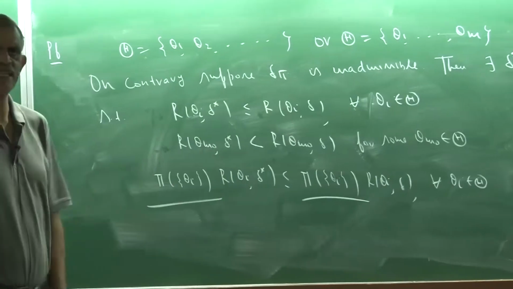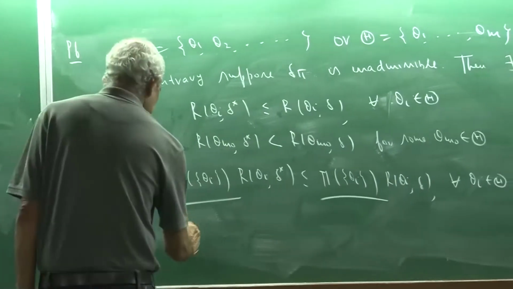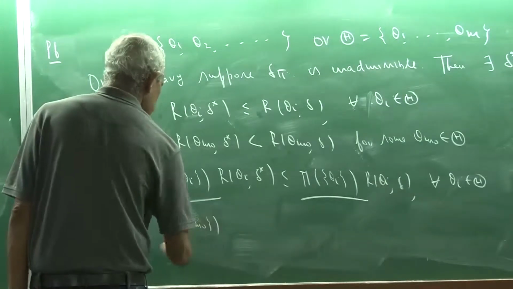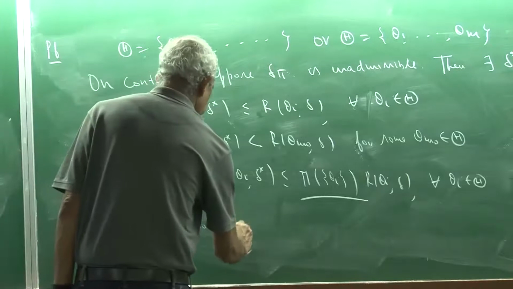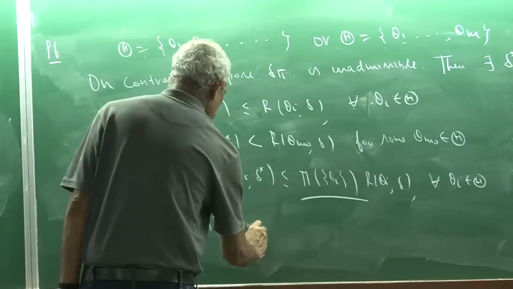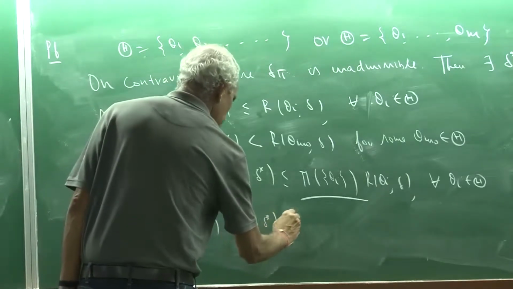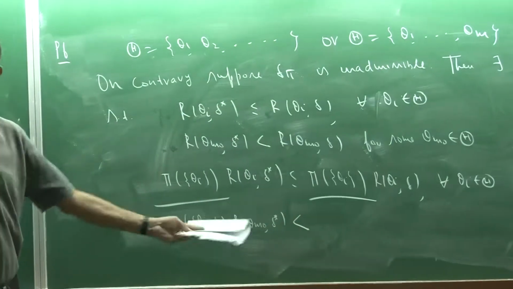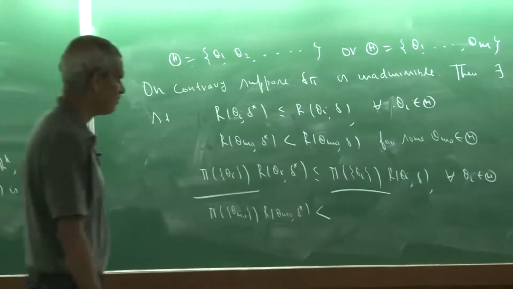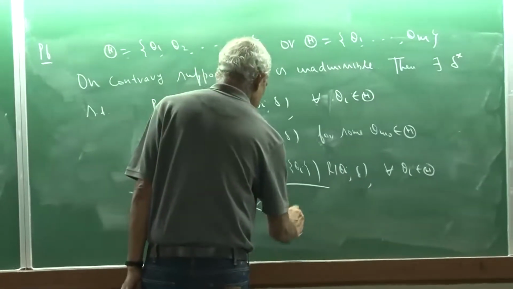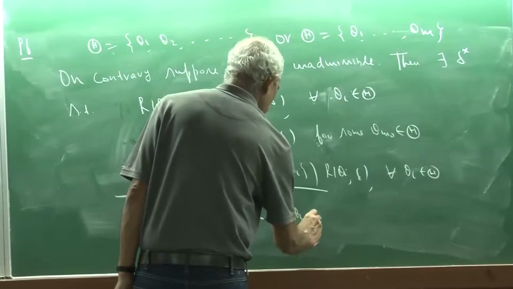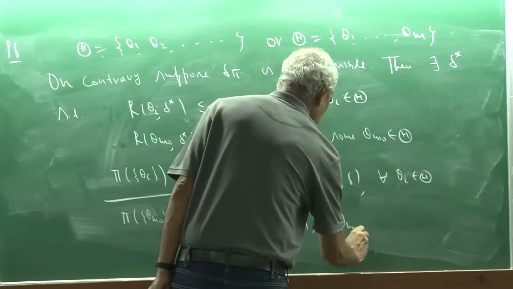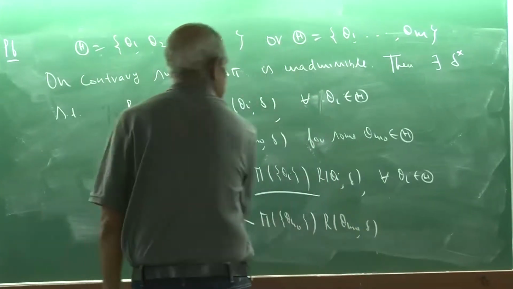It is only the second part where I need pi theta m naught to be positive, to have a strict inequality. Otherwise I would have less than or equal to, not strictly less than, for pi theta m naught r(theta m naught, delta).